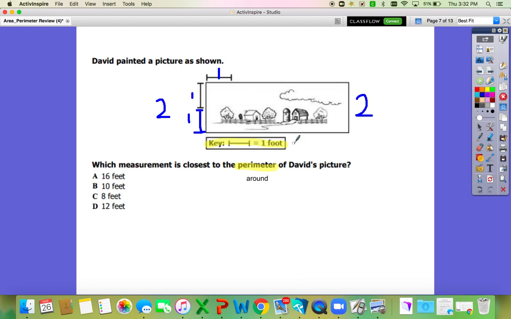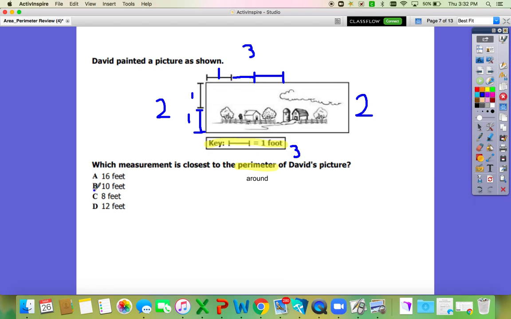So let's think through this. There's 1, 2, 3. Ooh, do you think that's right? Let's check my work here. If I stopped and I thought this was 3, and then this one had to be 3, let's add. 3 plus 3 is 6. 7, 8, 9, 10.